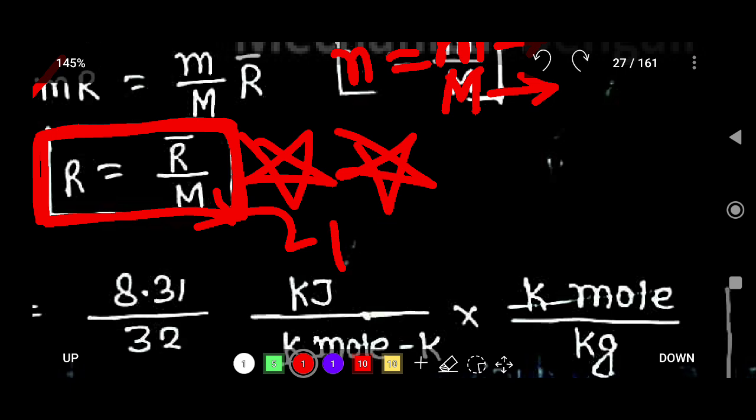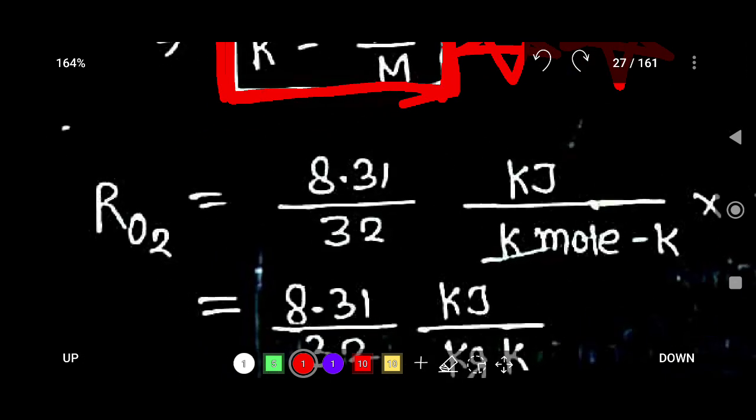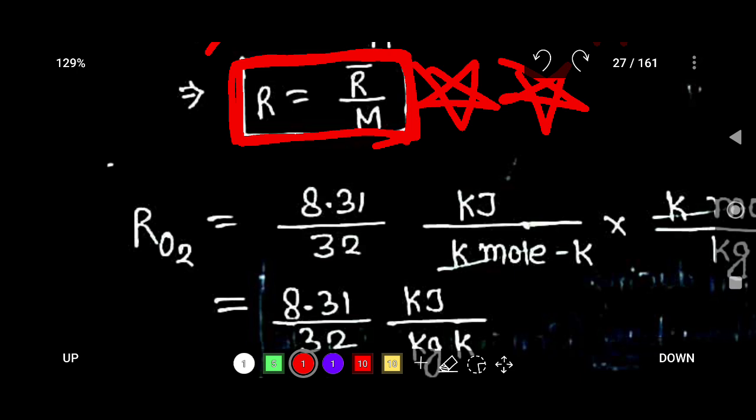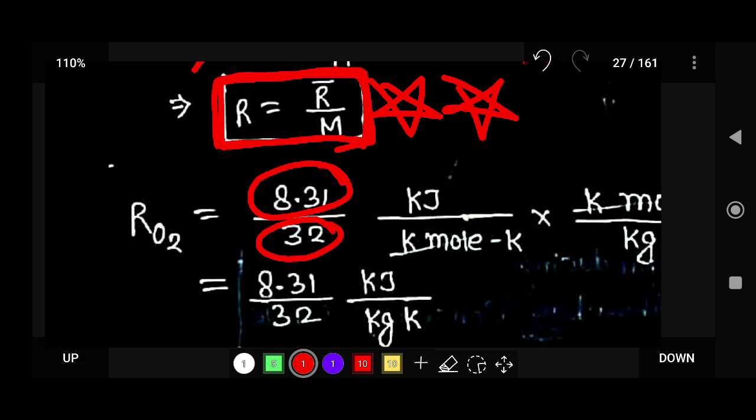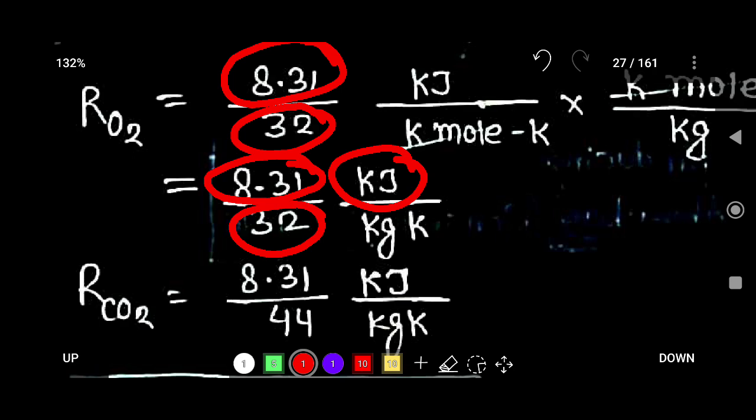Now if you want to calculate the R value of oxygen, we know the formula R equal to R bar by M. Here the value of R bar is 8.31, and the molecular weight of oxygen is 32. So if you calculate, this will be 8.31 divided by 32 kilojoule per kg Kelvin.